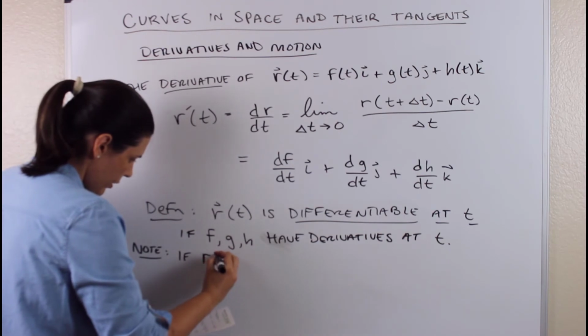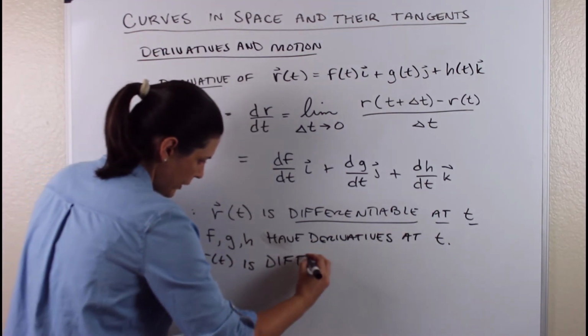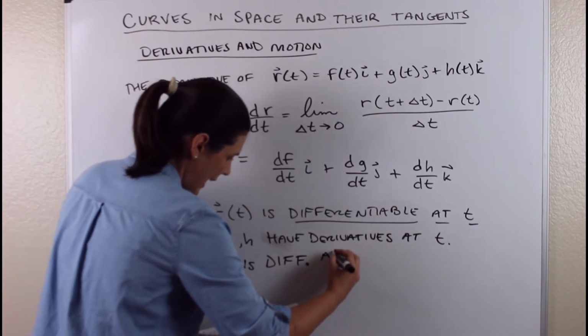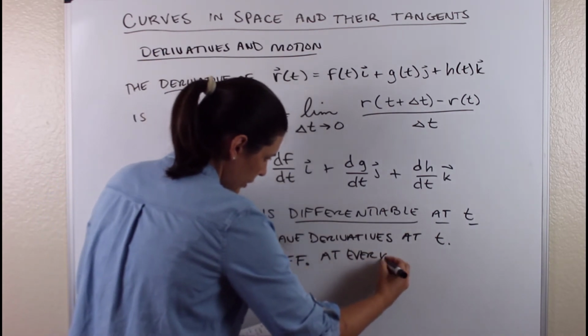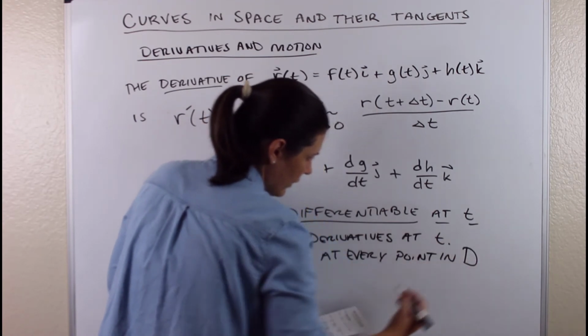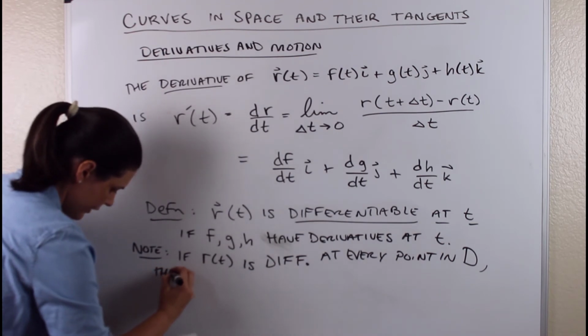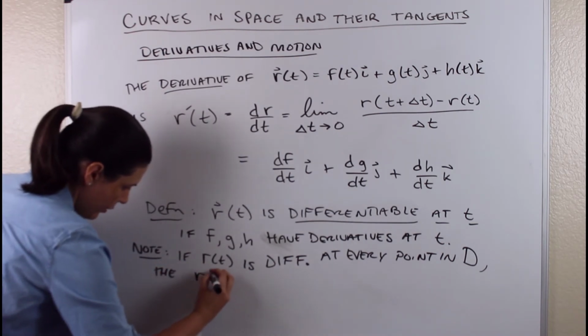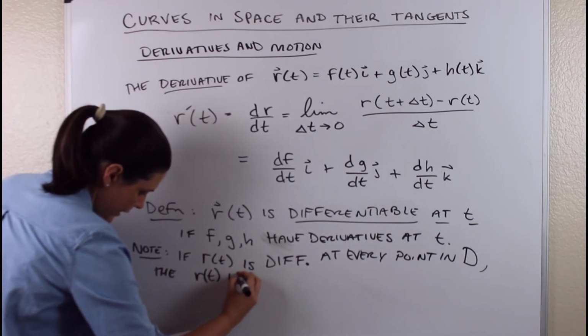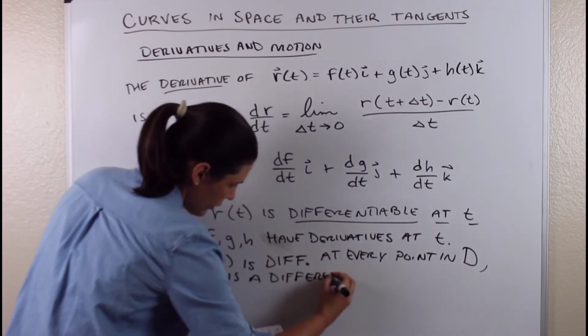So if r of t is differentiable at every point in D, so we'll just say in the domain, then r of t is a differentiable vector function.